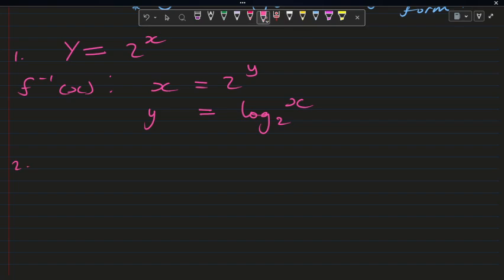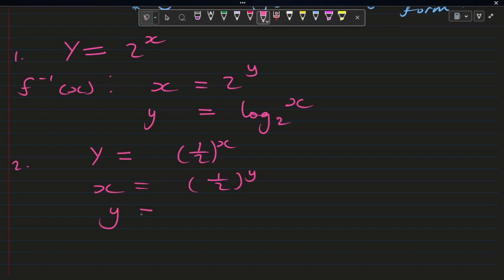We can do another one. Let's say we have y is equal to a half raised to the power of x. We follow the same rules that we were following previously. Number one, we swap x and y, and we end up with x is equal to 1 over 2 raised to the power of y.